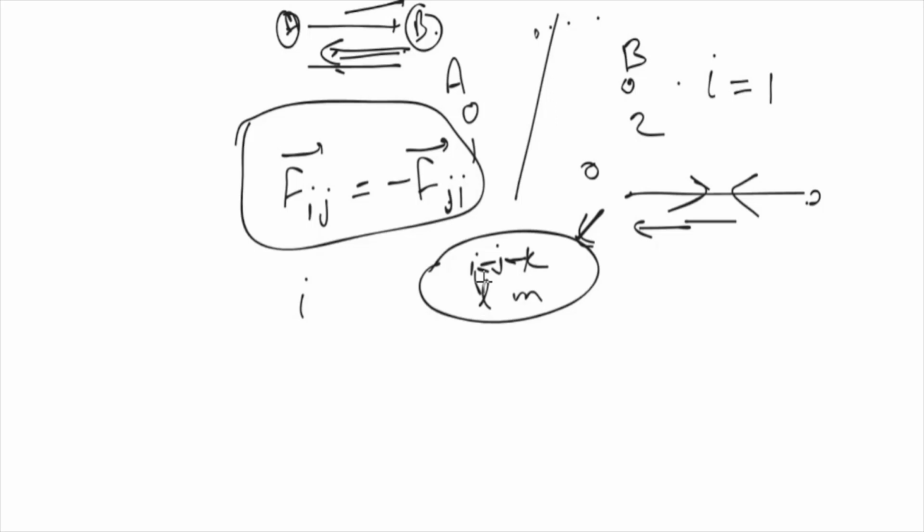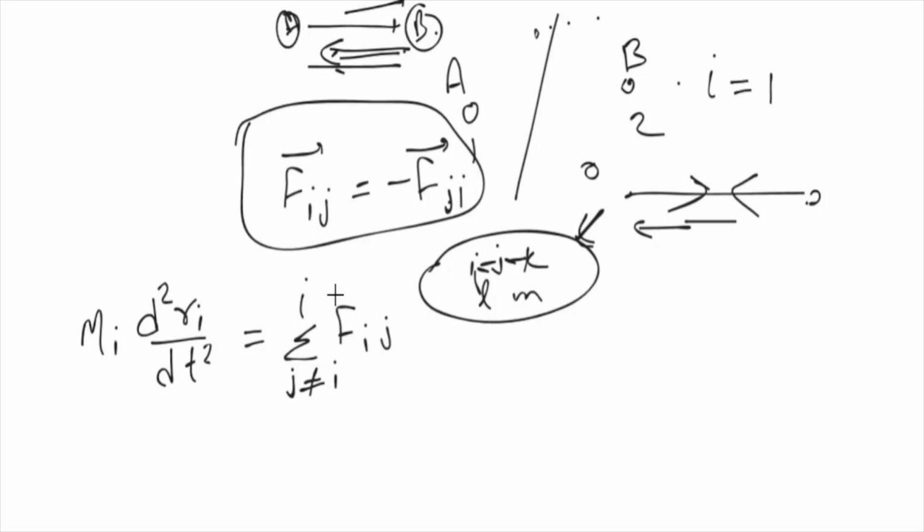So we can write mass of ith particle times the acceleration: m_i times d squared r_i upon dt squared is equal to the summation over all other particles where j is not equal to i, or we can say it is equal to F_ij.